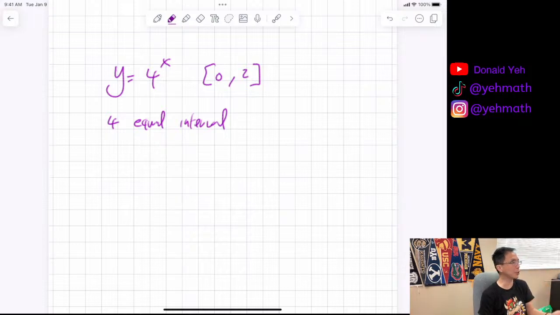Okay, from 0 to 2, if I have 4 equal intervals, how big is each interval? 1/2, right? It's gonna divide by 4, so 2 divided by 4 is 1/2. Is that okay?